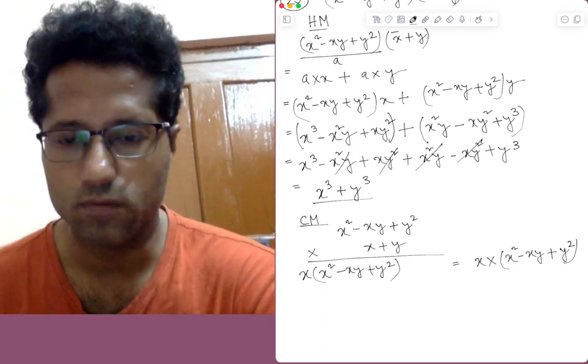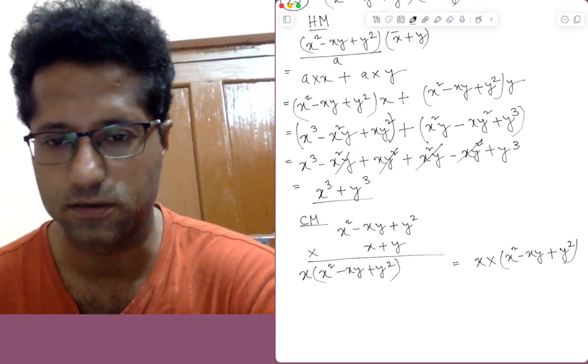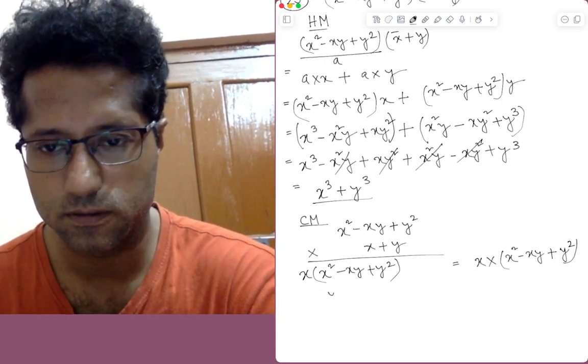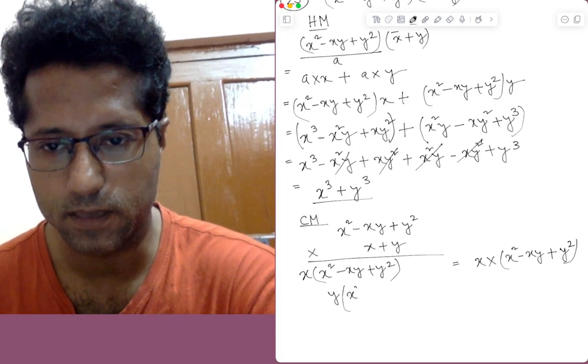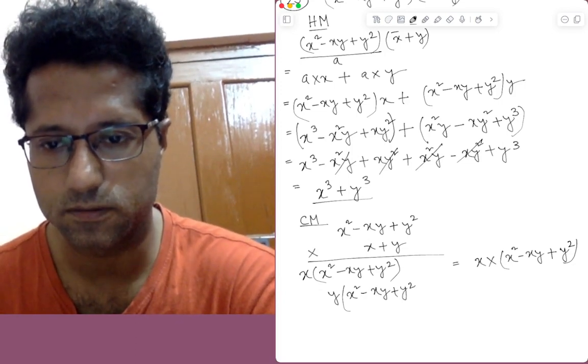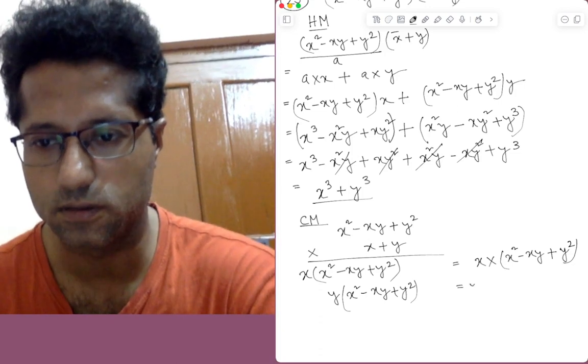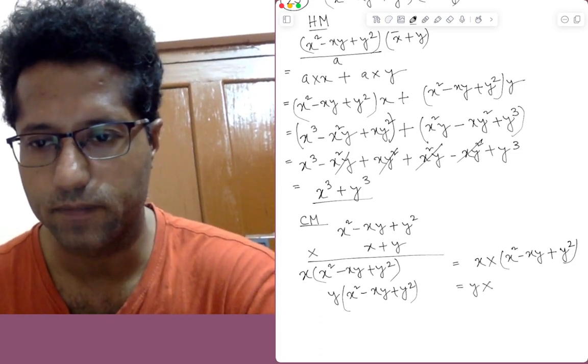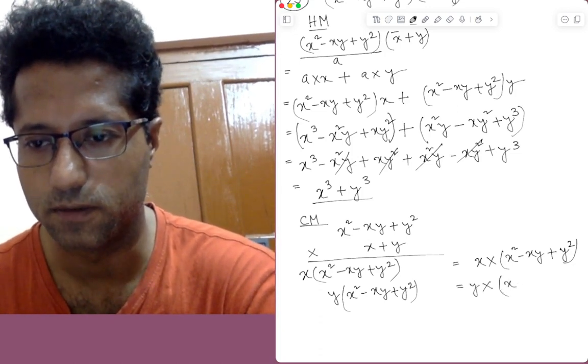In the second row we will find the product of the next term, that is y, with the trinomial x square minus xy plus y square.